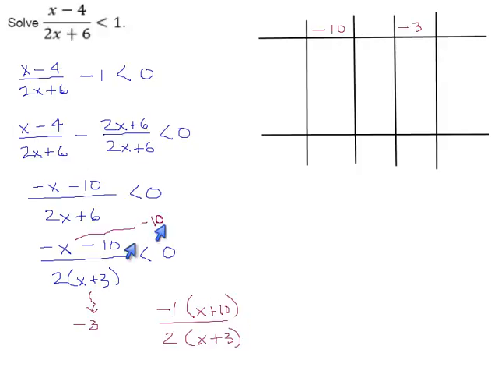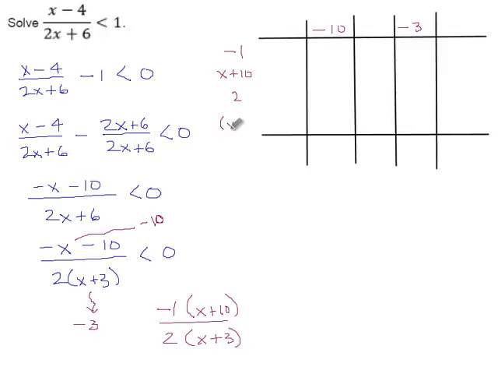Now that we have that, that doesn't change what our critical numbers are, but it means for pieces that we have to look at in this expression, we have minus 1, we have x plus 10, we have 2. You remember in the previous example, we had a positive number like this, and I said we could leave it out. I'll do it one last time. I'll keep the 2 in, and you'll see how little difference it makes.